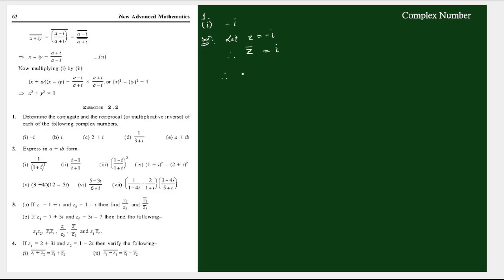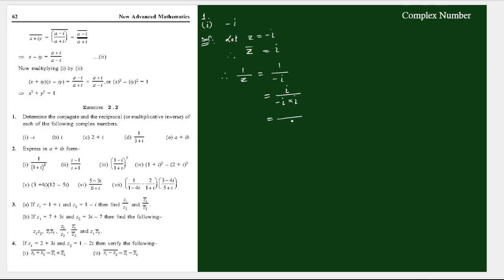So therefore 1 by z will be 1 by minus i. And one thing to remember, in the denominator you should not have the i. You need to remove this one. So in order to remove that, we multiply with i, both the numerator and denominator.